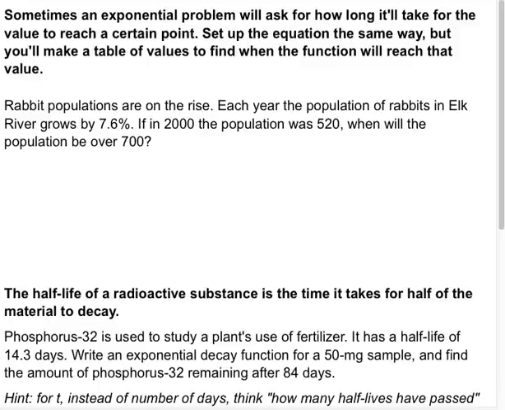You want to know, well, how long is it going to take me to have this amount? So what you're going to do is set up the equation exactly the same way, but we're going to make a table of values to find when the function will reach that point, because we can't just plug it in. So we're going to use a table to just see how long is it going to take me to get to that value.